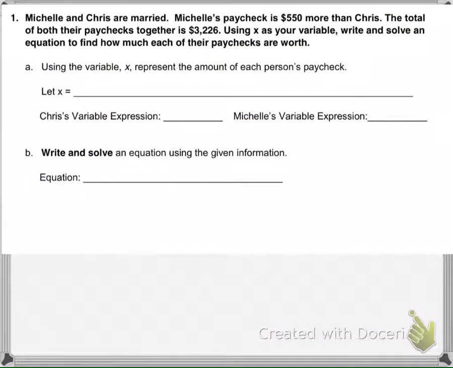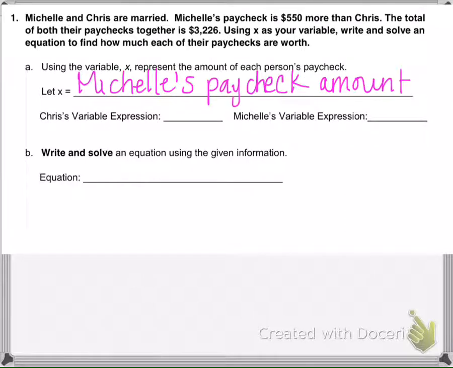Now instead of having X be Chris's paycheck amount, we could let X be Michelle's paycheck. If we do that, now X represents Michelle's paycheck amount, and it says that Michelle makes $550 more. So if X is Michelle, then Chris is making $550 less.